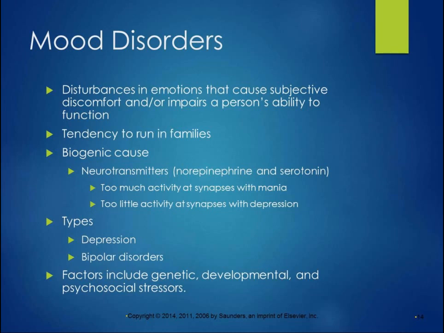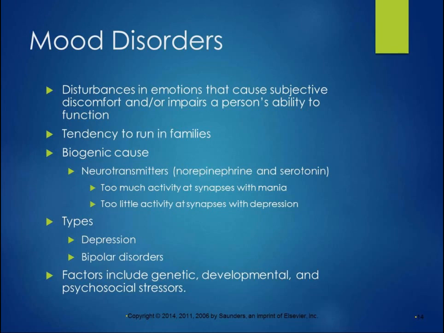Then any serotonin that's left in the synaptic cleft is reuptaken by the secreting neuron, while the reuptake inhibitors keep the serotonin in the synapse longer, so it can have more effect.